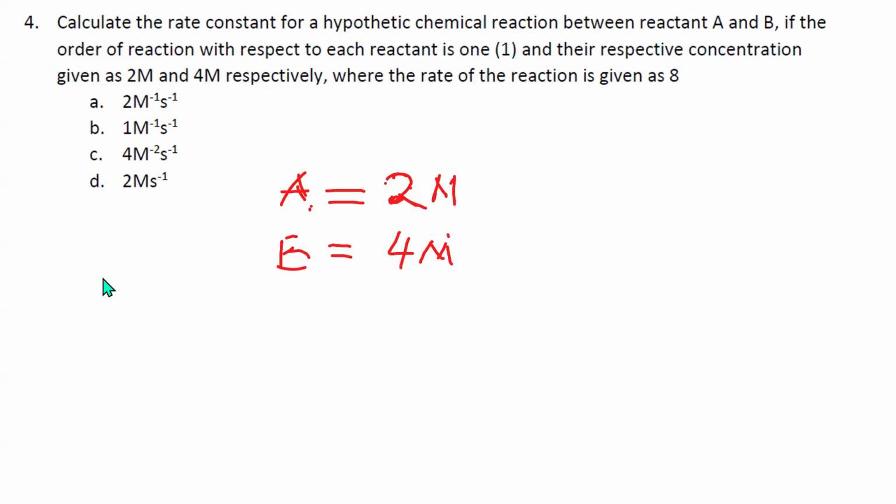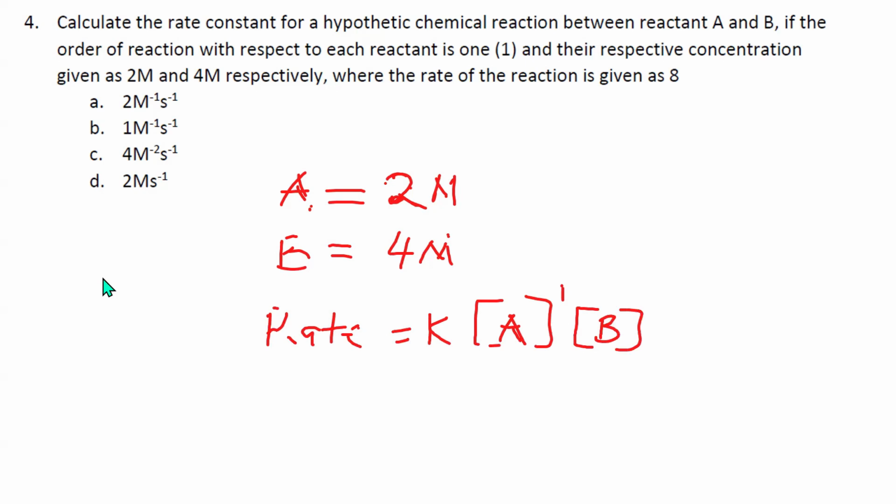And of course, from the question, we know that we have to start with the rate. It's equal to K times the concentration of A, and each of them has an order of reaction of 1. So the order of reaction of A is 1, times B, and the order of B is 1.